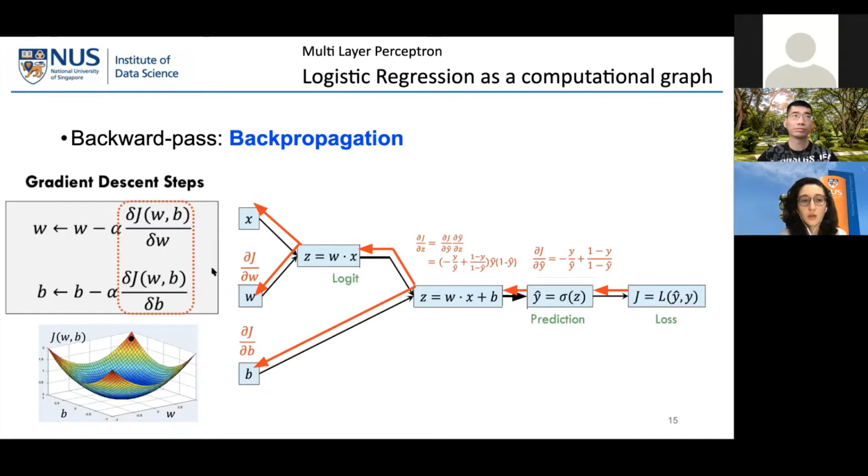And then you can use those derivatives to update your weights and to minimize the cost function and find a good estimate of W and B. This process of going backward, step by step computing derivatives using the chain rule, is called backpropagation.